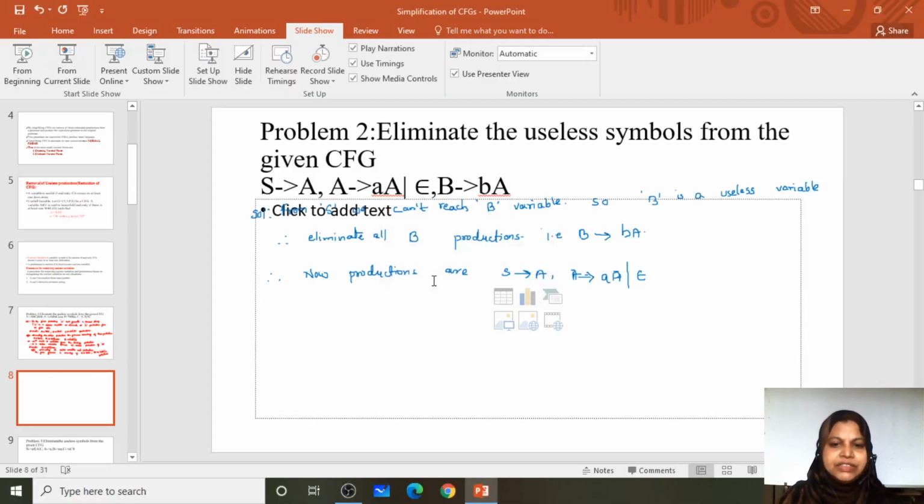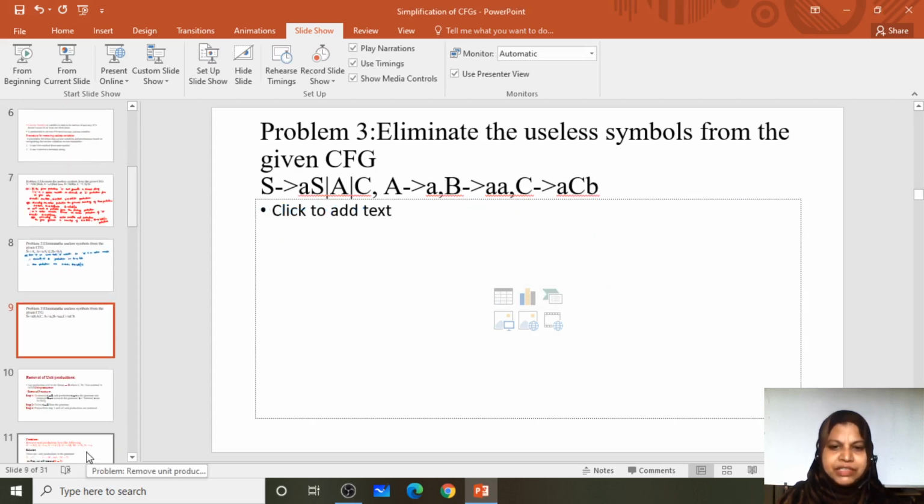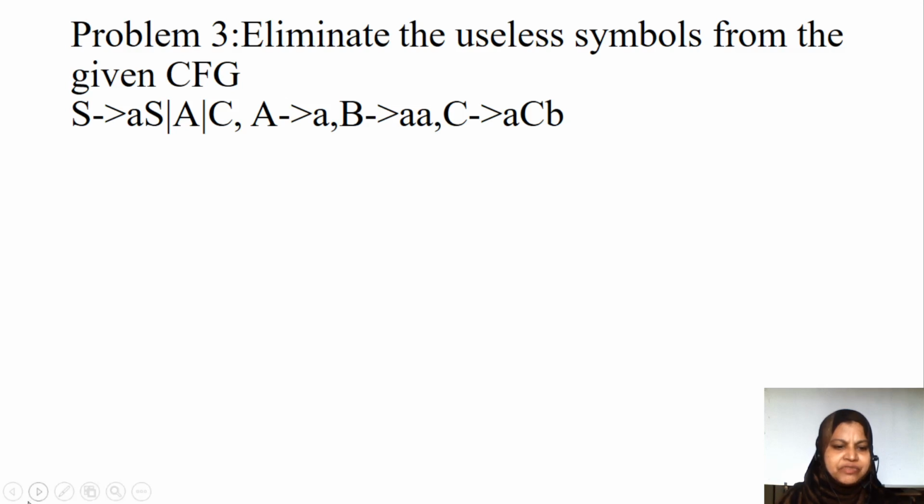Now the third one: eliminate the useless productions from the given CFG. How are we going to eliminate them? We check whether we can produce any string.